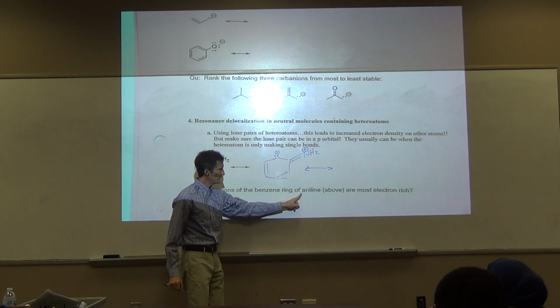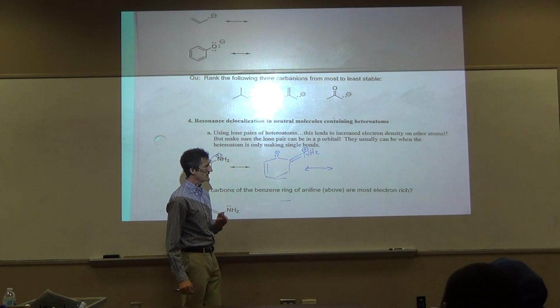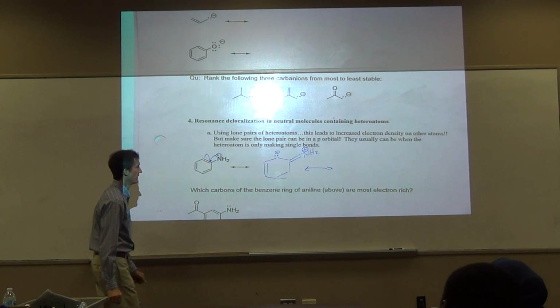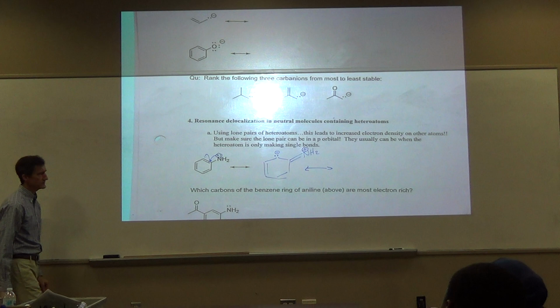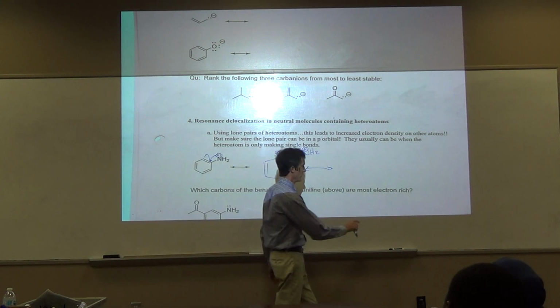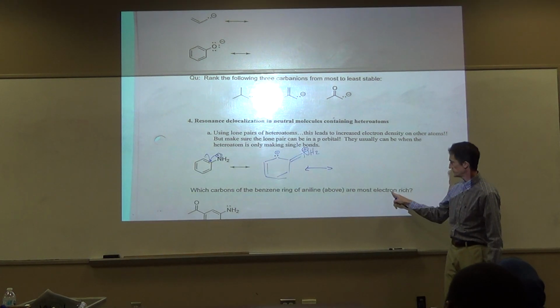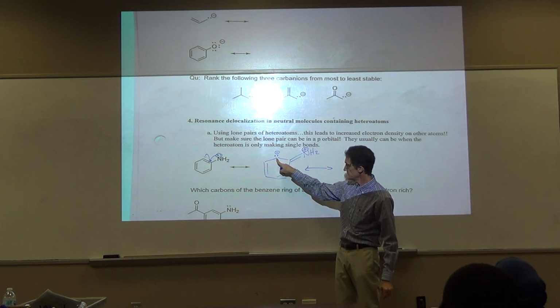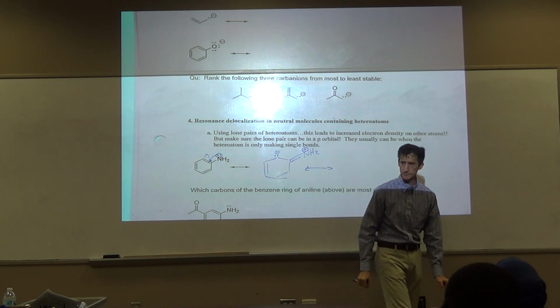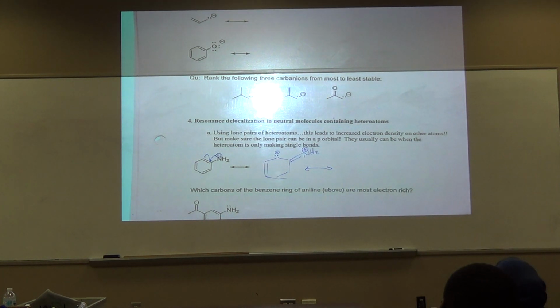Which carbons of the benzene ring of aniline are most electron rich? That's the question we asked for phenoxide here. Basically, look at your resonance structures and where are the electrons going to fall? Which carbons in the benzene ring? One of them is that one. So then there's 2 others. Okay?